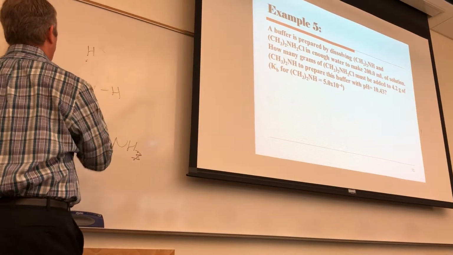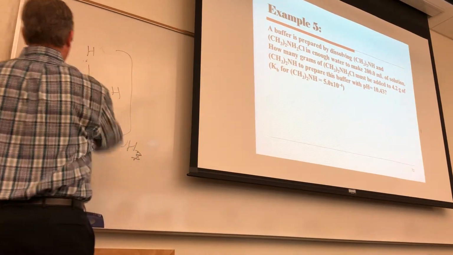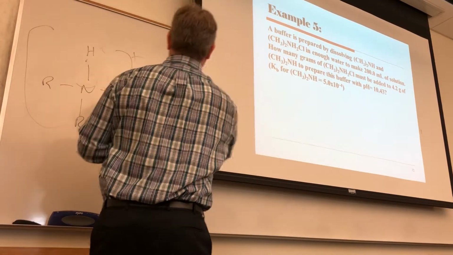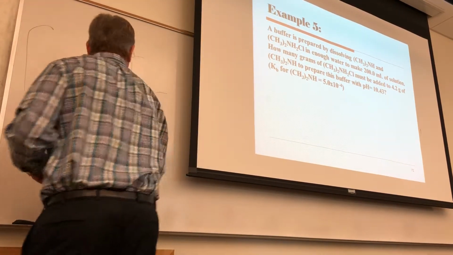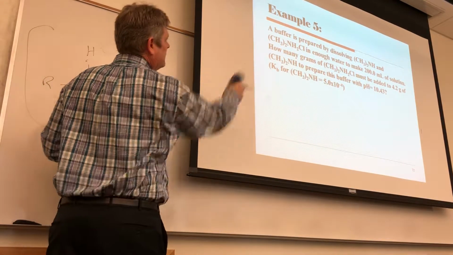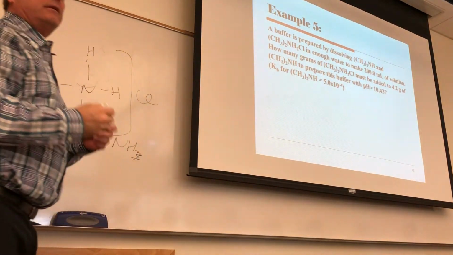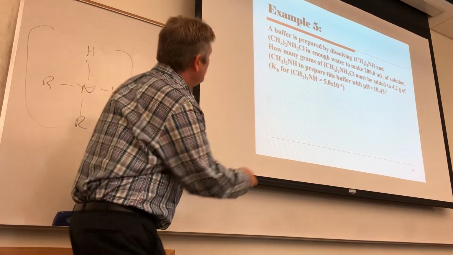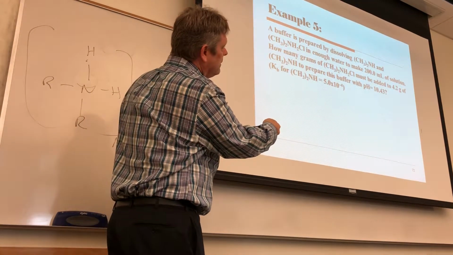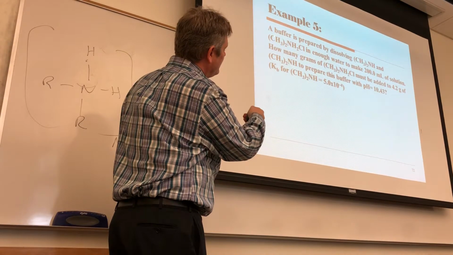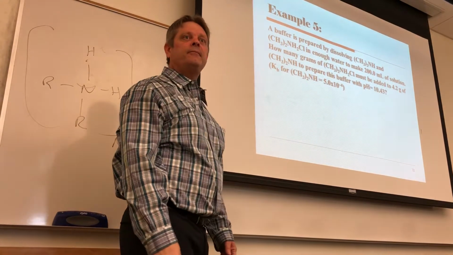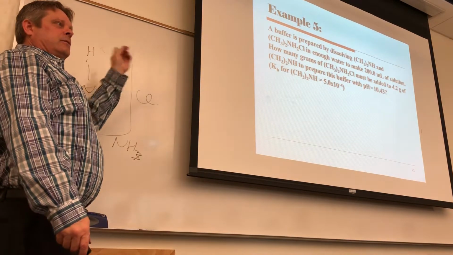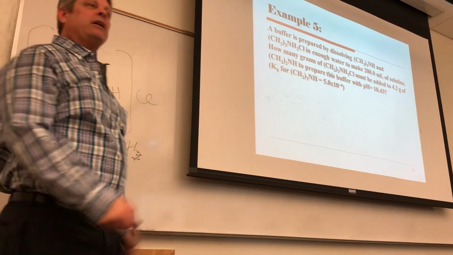I now have this, and I have an overall charge of plus, so then I mix that, in this case, with the Cl minus, and that's what you're now looking at as its conjugate acid. So the H actually was brought from HCl. This is the weak base, and this is its conjugate acid, because now this can give off an H. Okay, so make sure you can identify that.